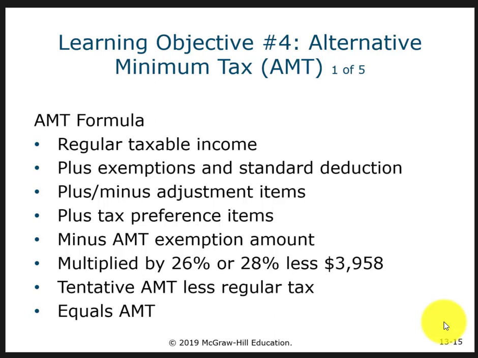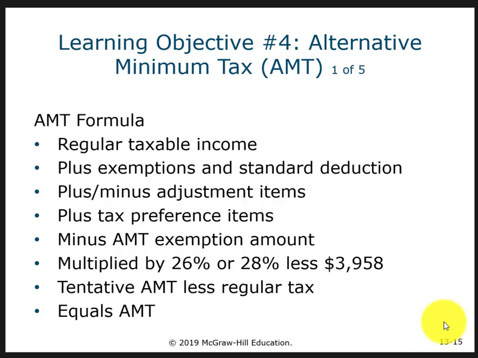All right, so you do that. You subtract a flat AMT exemption amount. So instead of all these different deductions and things, you get this one exemption amount. Then you get your AMTI, or alternative minimum taxable income. You multiply that by 26% or 28%, less the 3958 on the income, if your income is over the threshold.